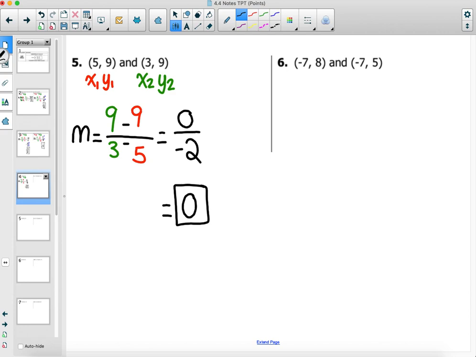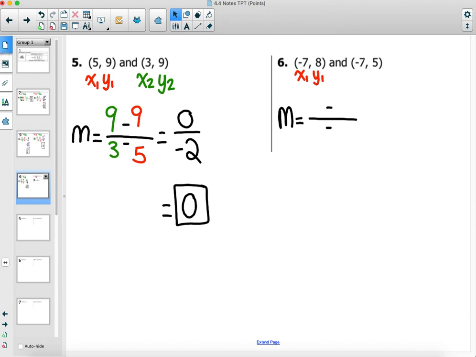Number 6, m equals, draw the fraction, put the minuses on top and bottom. Label our x1 and y1. Label our x2 and y2.